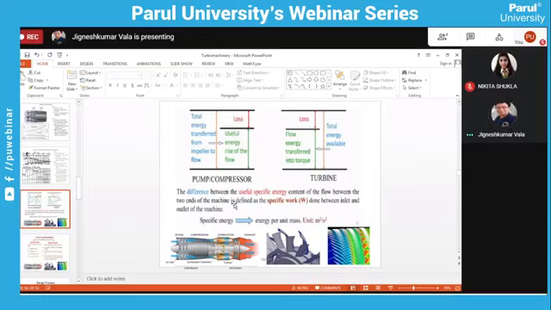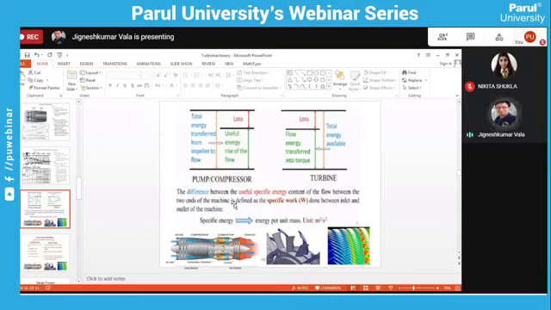For an engineer working in a turbomachines company, what you would like to do is minimize the loss. If we do not minimize the loss, practically we reduce the efficiency. So we have to reduce the loss and increase the efficiency.